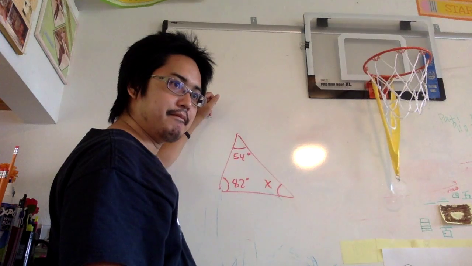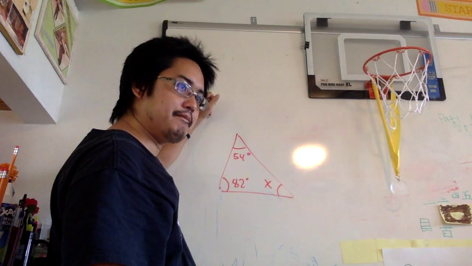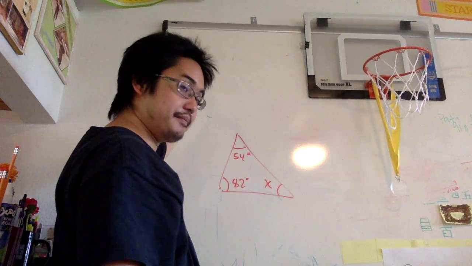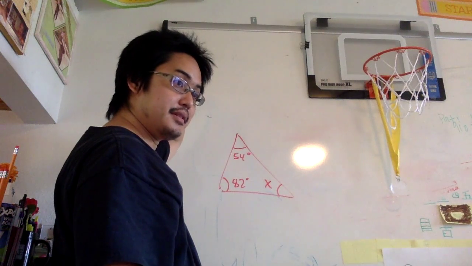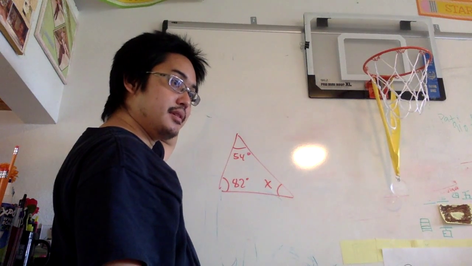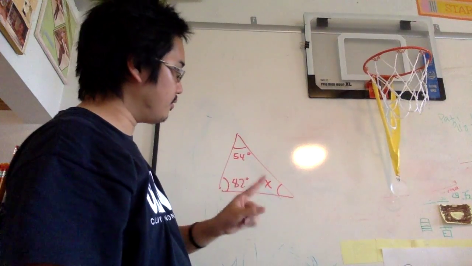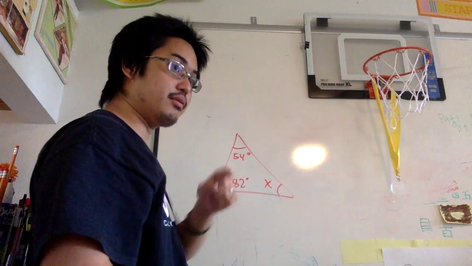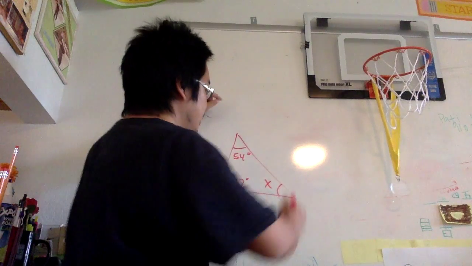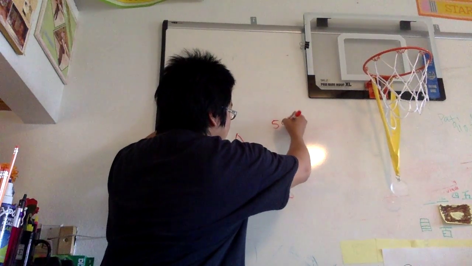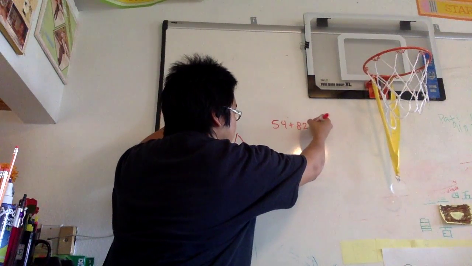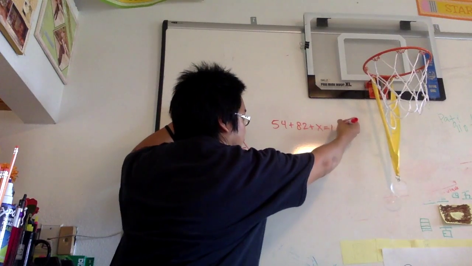So you have to minus what? 82. Okay, well, you know that adding them all up equals what? 180. So 54 plus 82 plus x is equal to 180, right?